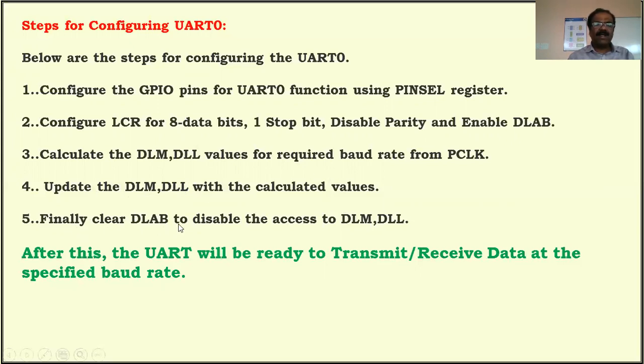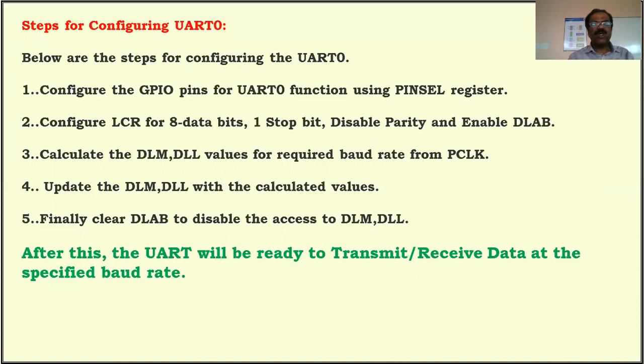Finally, clear DLAB to disable the access to DLM and DLL. That is also over; we are loading 03 into LCR. So this is very important if you want to transmit or receive information. This is the way of initializing UART 0 or UART 1.